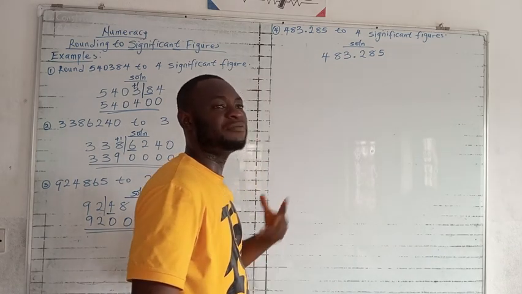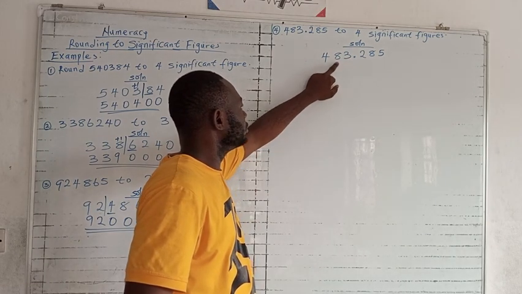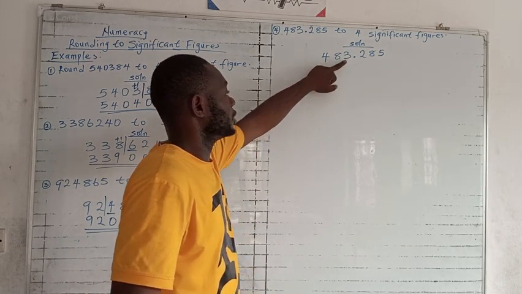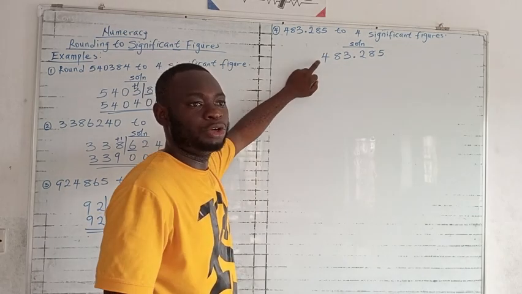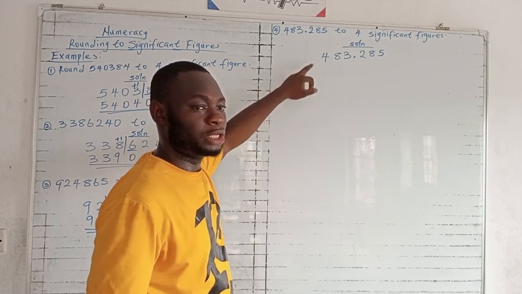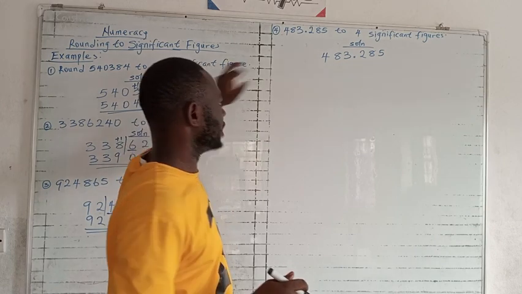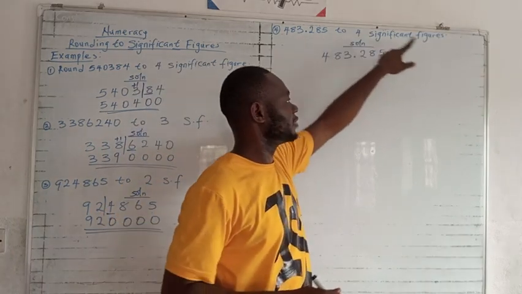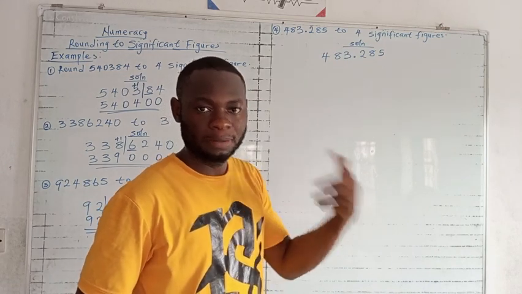But whichever is the case, in as much as the whole number parts are non-zero numbers, we start from the highest number in the whole number part to count. Same way we counted, 4 numbers before we put our slash. Since we are rounding to 4 significant figures, we still count 4 digits before we put our slash.